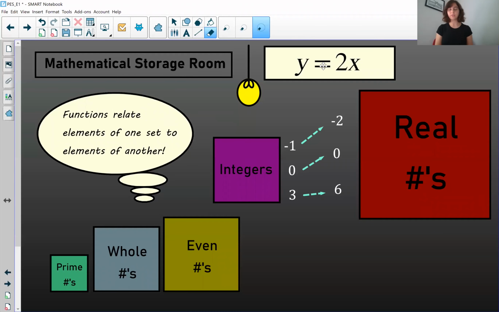We have y = 2x, it's standing on its own, and I pulled out my set of integers. And so I picked some random values. I have -1, 0, and 3, and I plug those in, and these are the results I get. So right off the top of my head, we can kind of see how all 3 of these numbers, they are integers, but they're also real numbers, right?